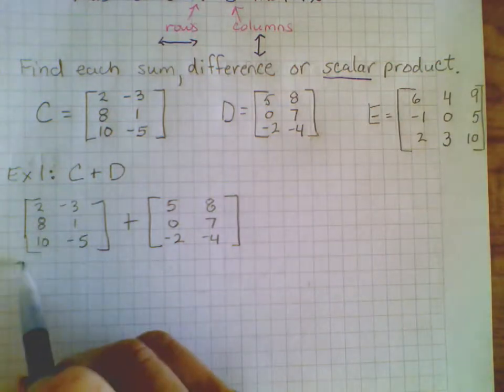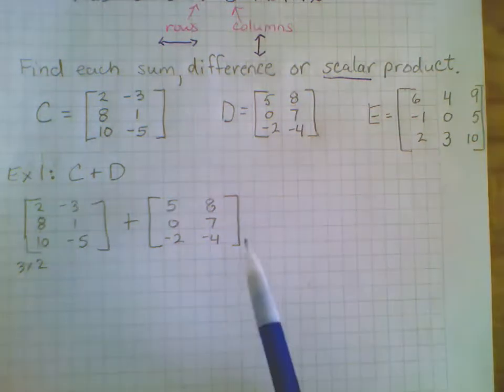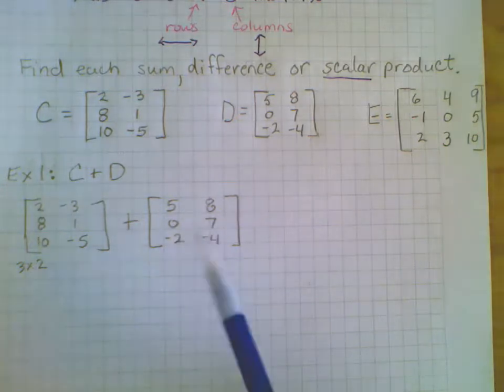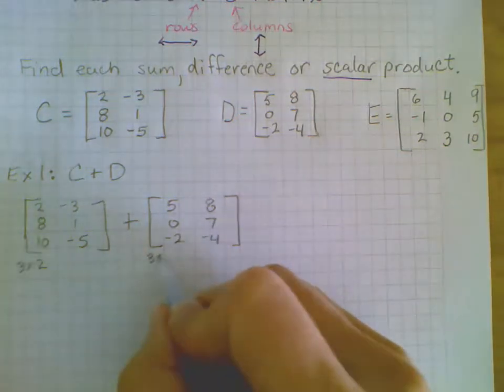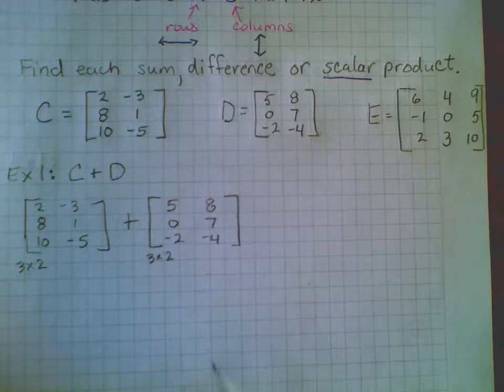So this is a 3 by 2 matrix. It's got 3 rows and 2 columns, and then D also has 3 rows and 2 columns. So we were able to add these. Now if the dimensions were different, you would not be able to add.